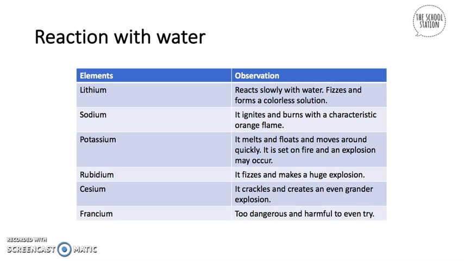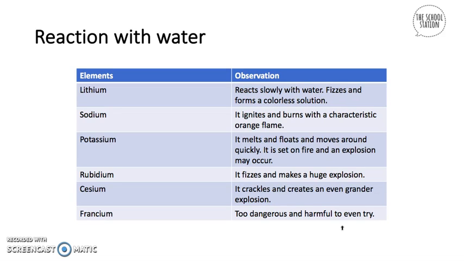So you can pause this video and look at these notes and try to understand that as you go down the group, its reactivity increases, which is why when you put any of these elements in water, it's just going to get worse and worse as you go down the group, because lithium just reacts slowly with water, but when you get to francium, it's too dangerous and harmful to even try, because the reaction happens in a few seconds. For example, if we put cesium in water, it crackles and creates a really big explosion.